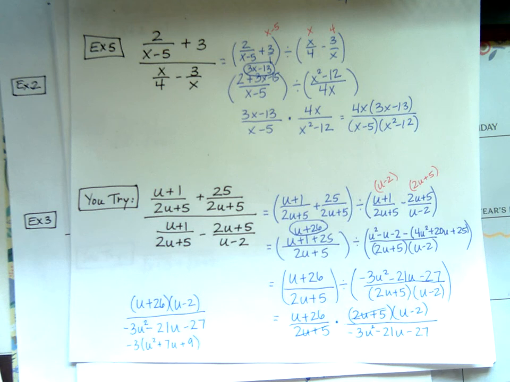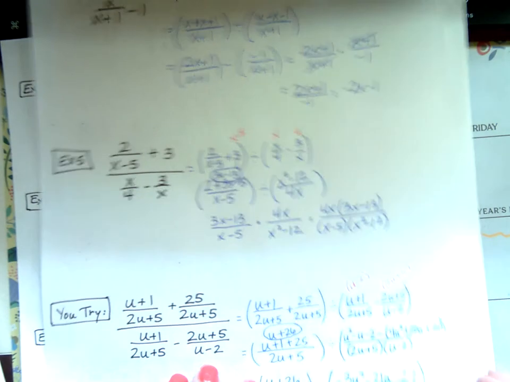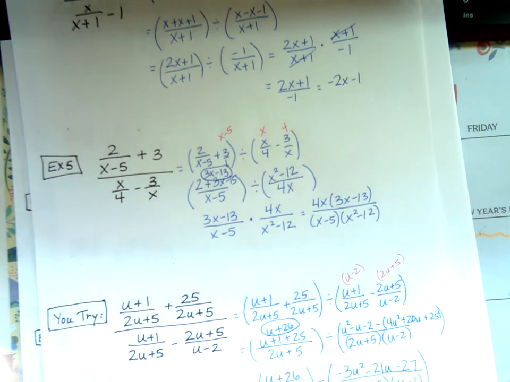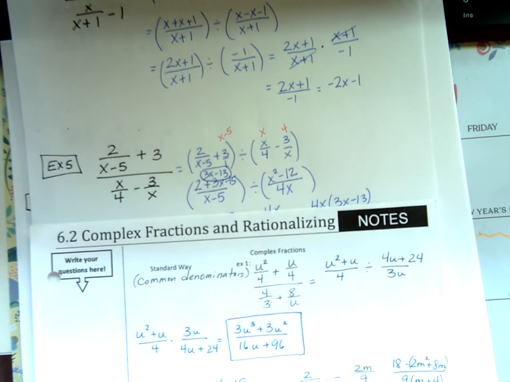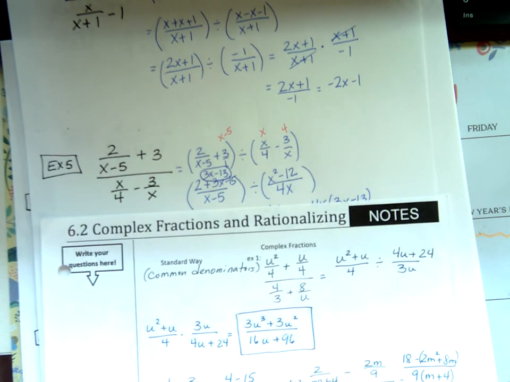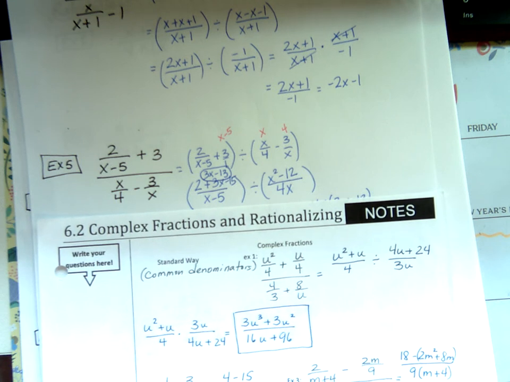So let me show you the next thing. It's kind of similar. Remember the name of the unit was complex fractions and rationalizing. Well, we just did all the complex fraction stuff. Now we're going to look at the rationalizing stuff. If you remember rationalizing, that was back when you have roots in the denominator, right?